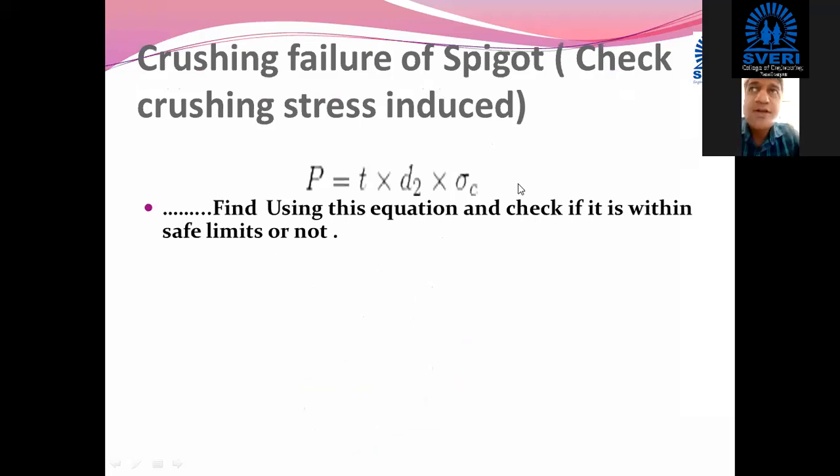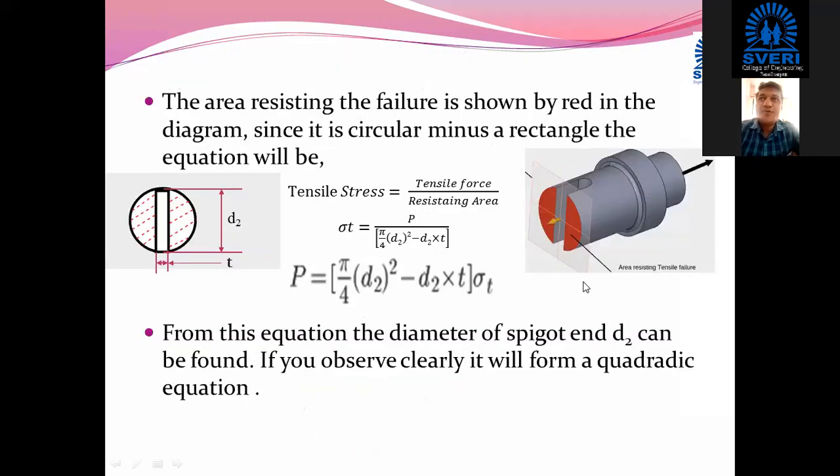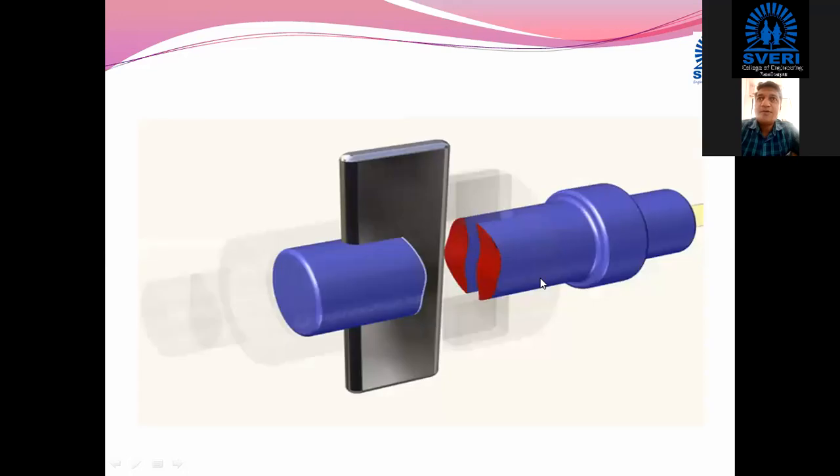So now we'll consider the crushing failure of the spigot. Now crushing is nothing but compressive type of stresses coming on that spigot, where the pin is going to press. If the quarter is inserted here, we'll take this particular diagram for understanding what the crushing stresses mean.